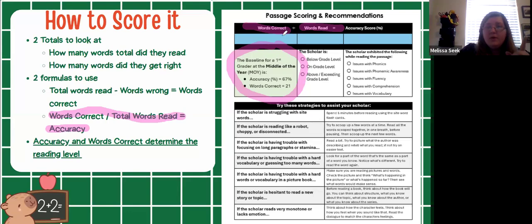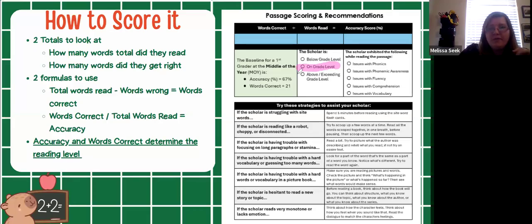So looking at your words correct and that accuracy score, you can go, okay, he meets that threshold, and you can mark on here that he is on grade level. He is where he needs to be. If he is above that, say he gets 30 words at a 70% accuracy, great, that's amazing.